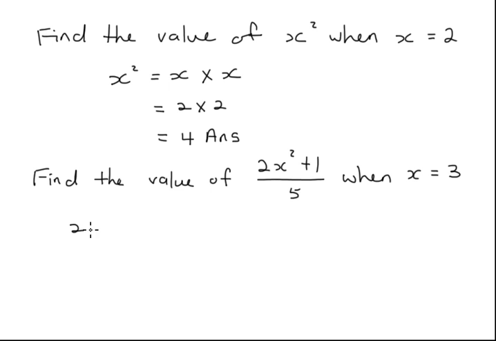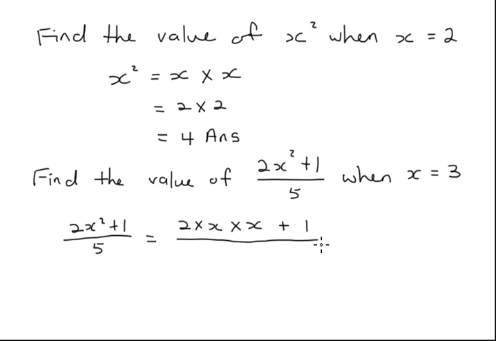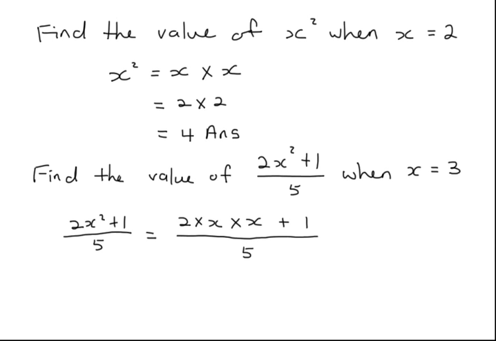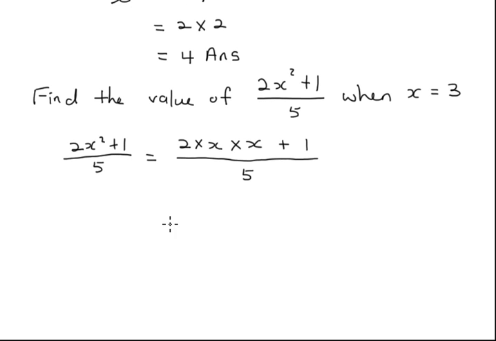So let us write down this 2x squared plus 1 divided by 5, and this can be written as 2 times x times x plus 1 divided by 5. Now we are going to substitute x with 3. Whenever we see an x, we just replace it with 3. So this expression becomes 2 times 3 times 3 plus 1 divided by 5.